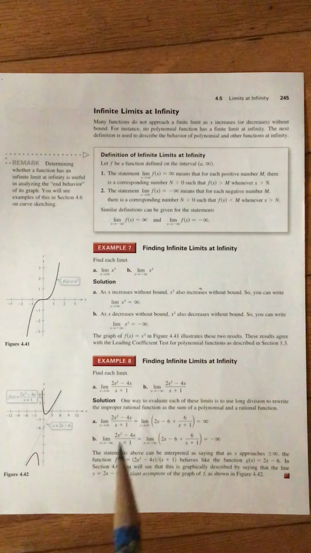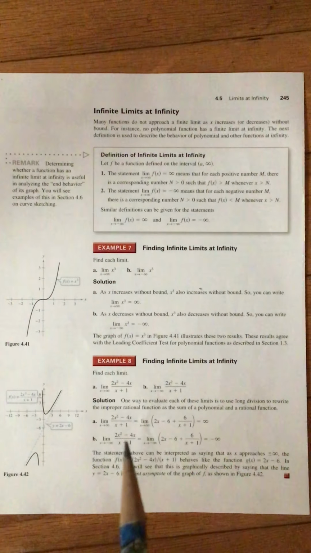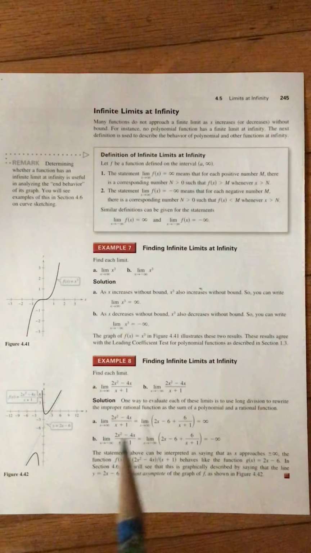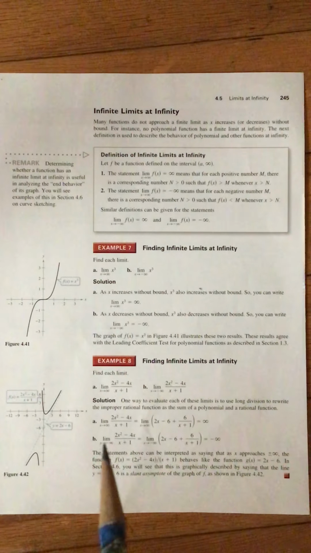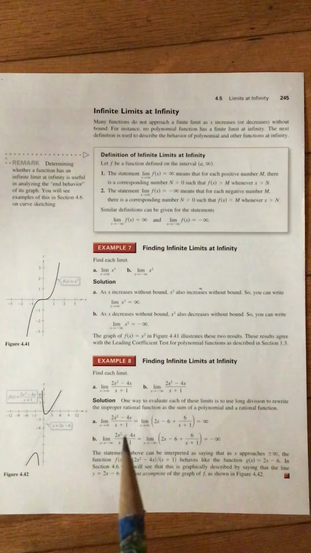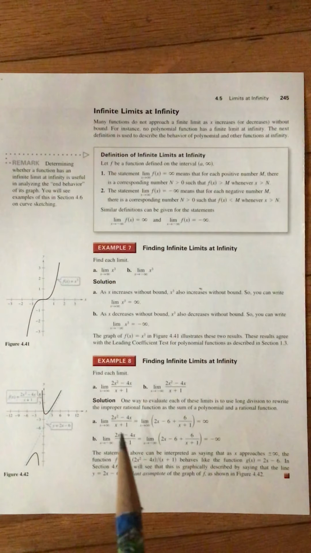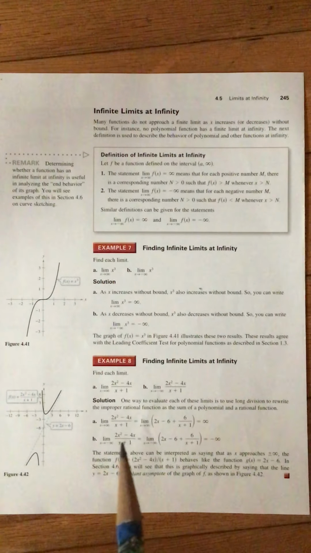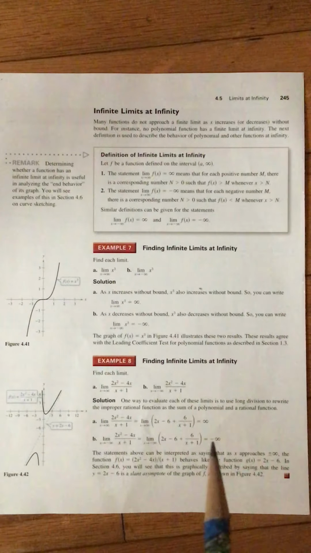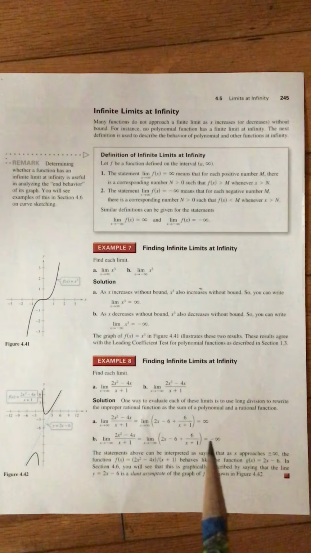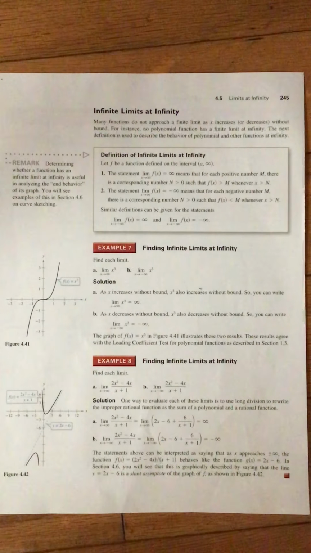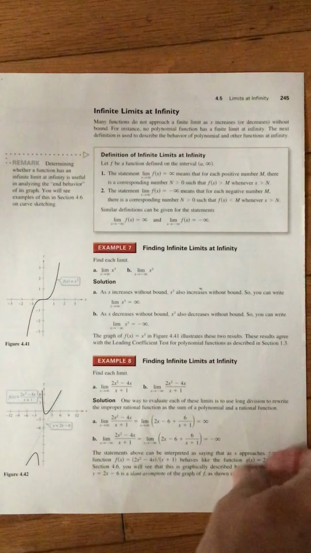Notice here, the degree of the top is bigger than the bottom. So it's going to be approaching infinity. But in this case, because it's approaching minus infinity, the numerator, x squared, is going to be positive, where the denominator is going to be negative. And so it's going to approach minus infinity. So that's finding limits.